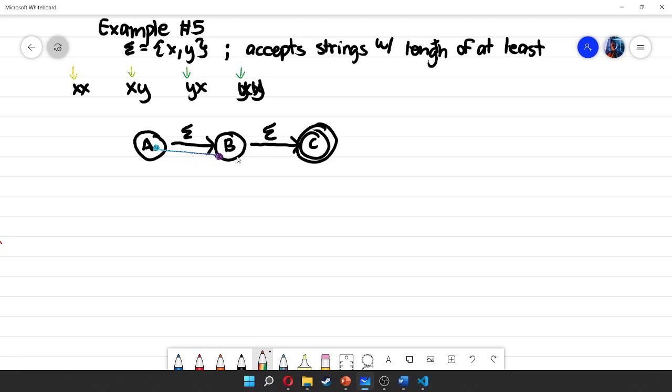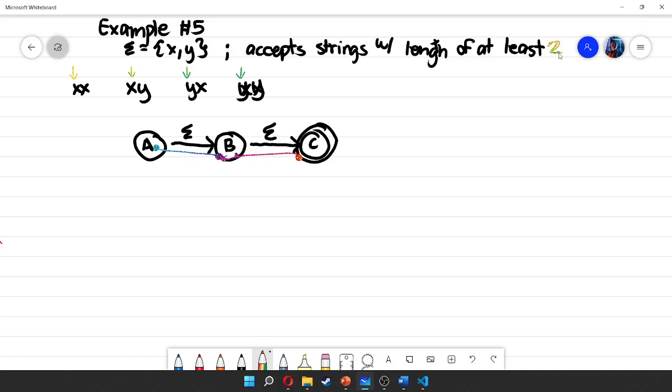After that, if we are in state B and we have read another character, then we proceed to state C. If we are in state C, we know in our head that we have read two characters. So if we have read two characters, then we can consider state C as the final state, right?